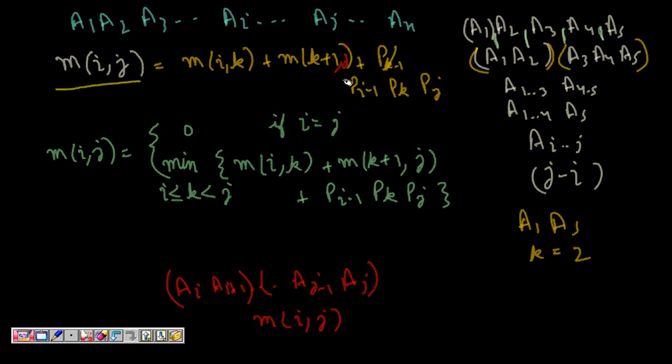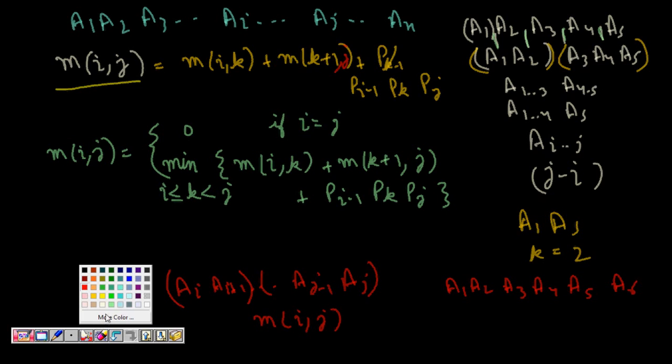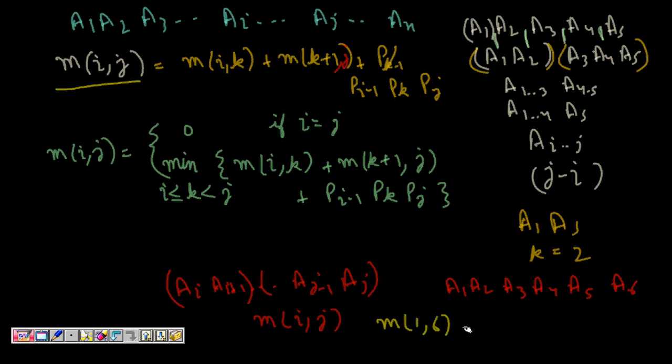j), and plus, so these two. Let's see one example like A1, A2, A3, A4, A5 and A6. Let's say these are the matrices, and what I want is M(1,6). So let's put one parenthesis somewhere, I will put it at 4.